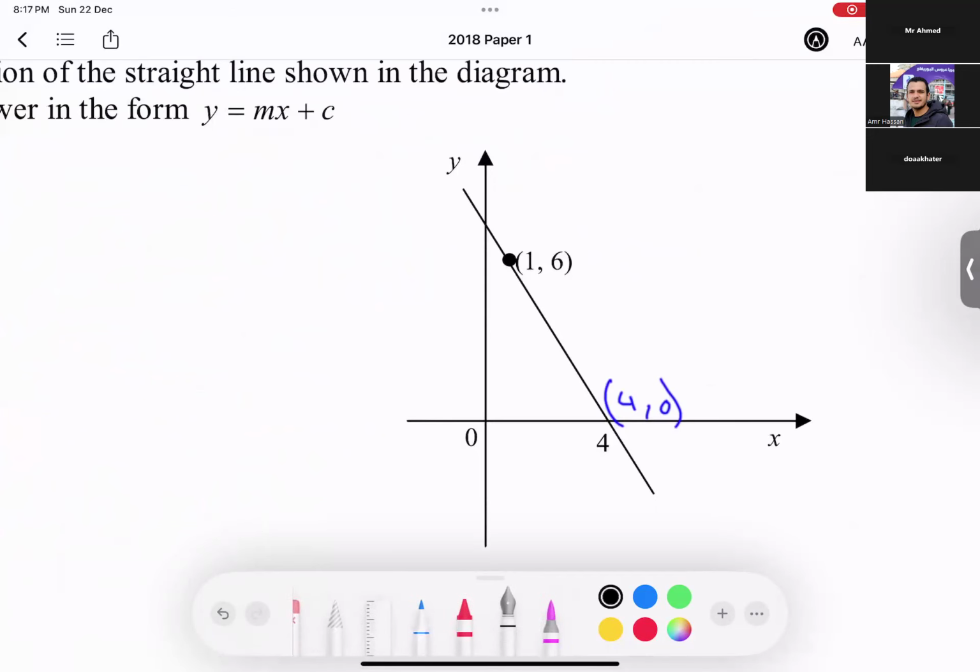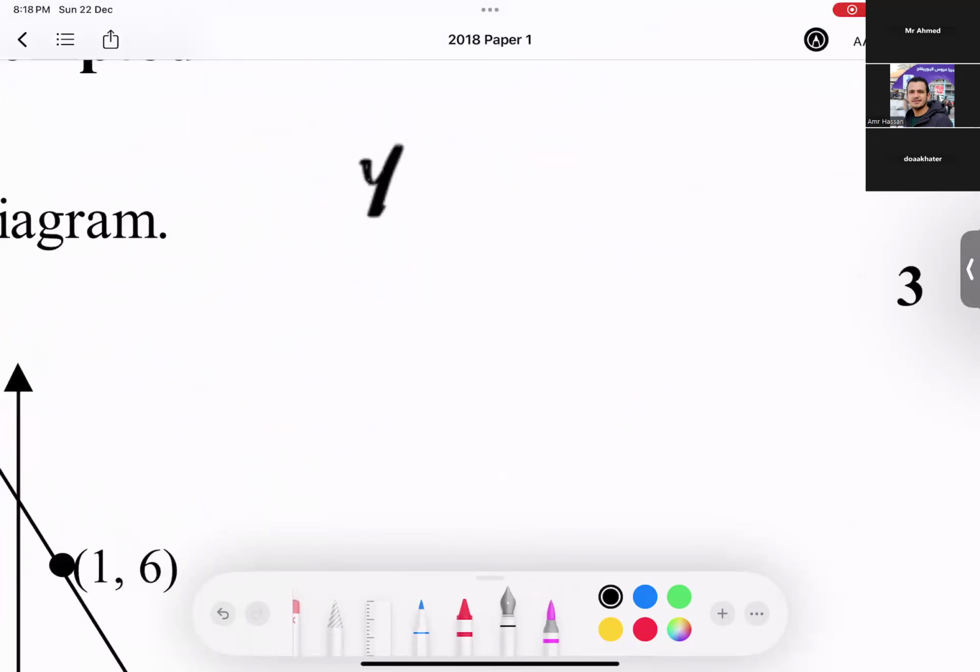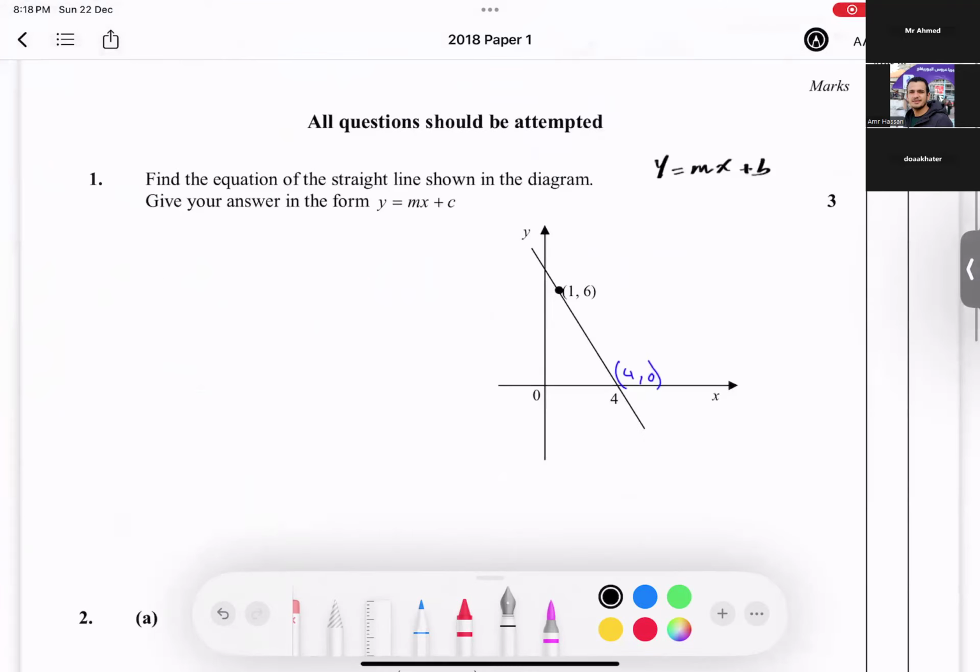So what is the equation of the straight line? y equals mx plus b, right? It makes sense. I need to calculate the slope firstly, right? And a little while ago, I told you that if you want to figure out the slope, you need a couple points, right? So I got them already. The first point sounds like 1 and 6.